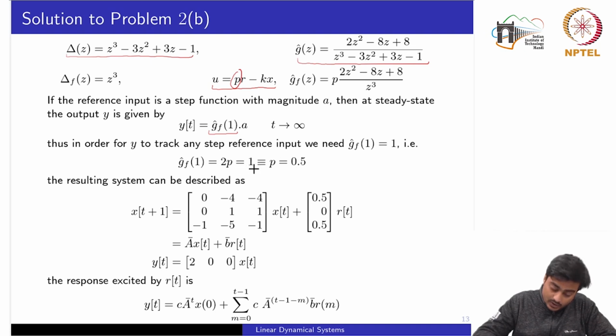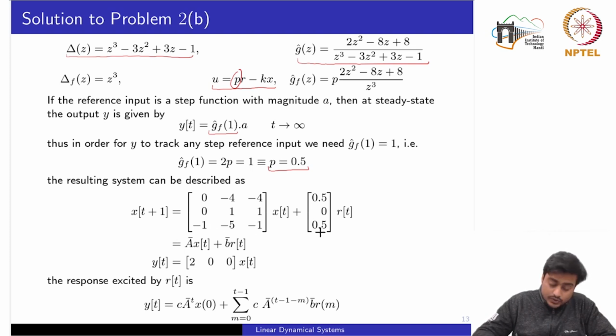And if I set it equal to 1, we get P equal to 0.5. So the state feedback gain vector would remain the same as we have computed in part A. Now to track any reference input, we need to compute this P, and this P is supposed to be 0.5.